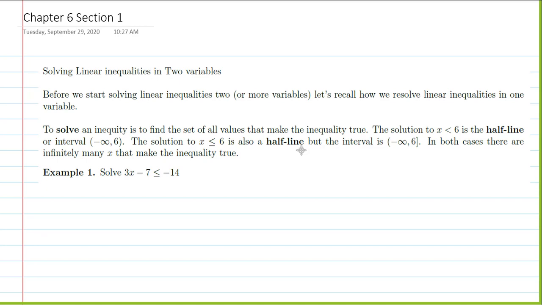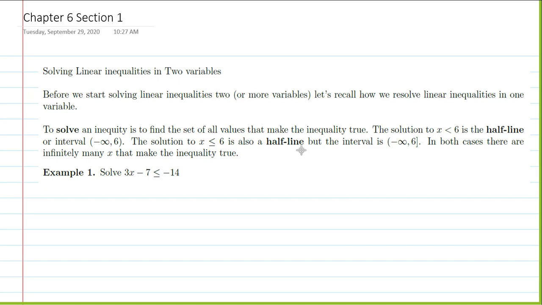The solution to x is less than 6 is the half line, or the interval, negative infinity to 6. The solution x less than or equal to 6 is also a half line, but the interval would be negative infinity to 6 included. In both cases, there are infinitely many x that make this inequality true.